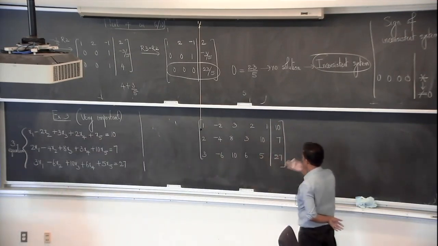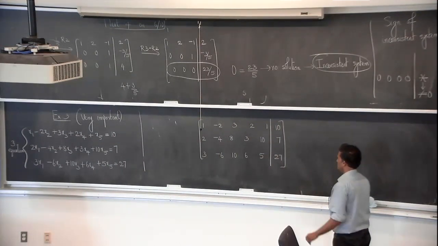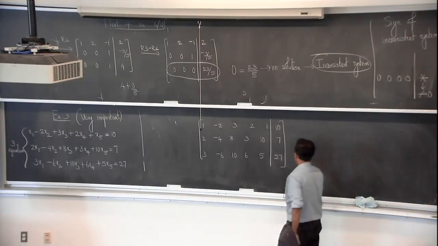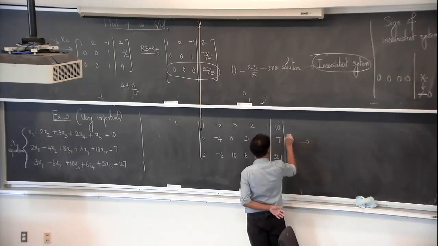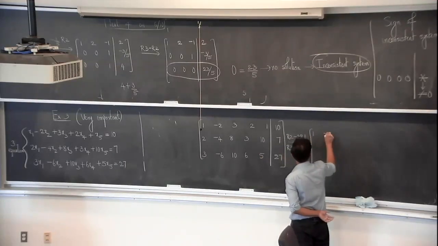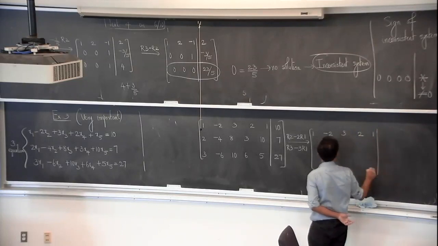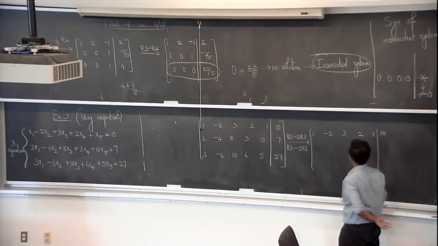So do your typical row operations. Even if the system is a little bit lopsided, you still start with getting the REF. So R2 minus 2R1 and R3 minus 3R1. The first row is not changing: 1, -2, 3, 2, 1, 10.